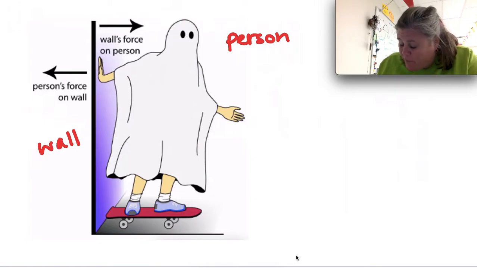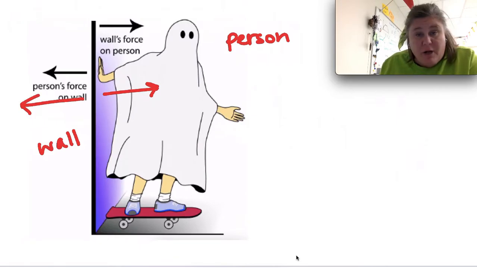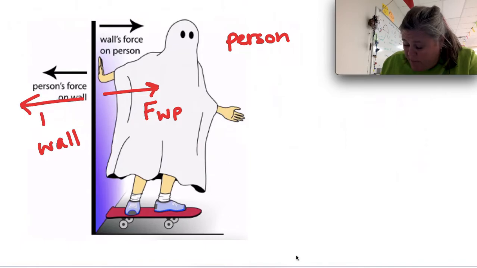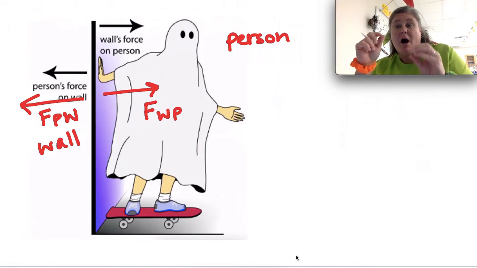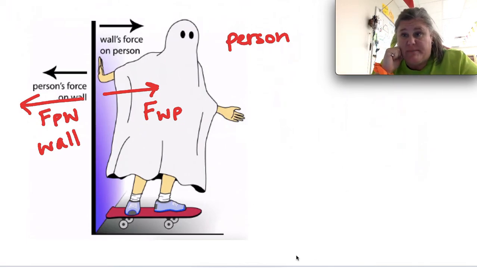We've got the force of the wall on the person, and then we have the force of the person on the wall. Those forces are on two separate objects, and they are equal in magnitude but opposite in direction.